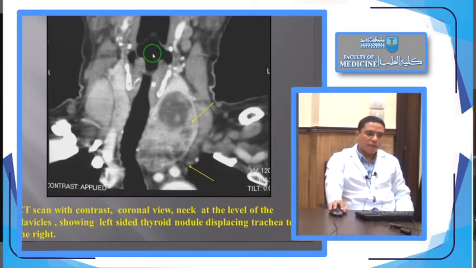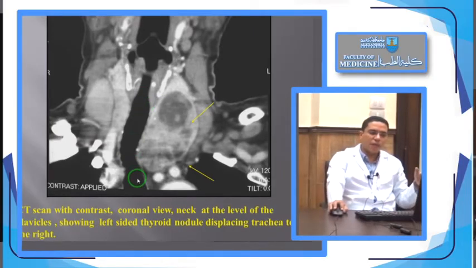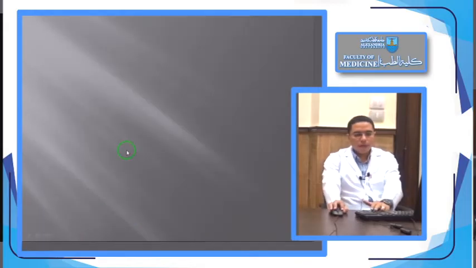So here we can see this is the trachea and this is a left thyroid gland or nodule displacing the trachea to the right side. And very important that we can see, okay, it is displaced but the airway is still patent. There is no problem in the airway.